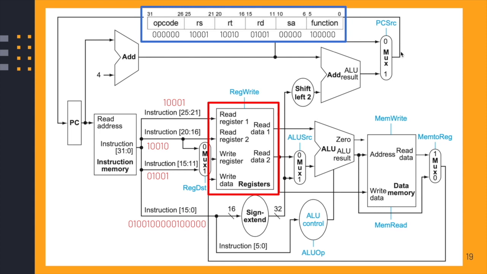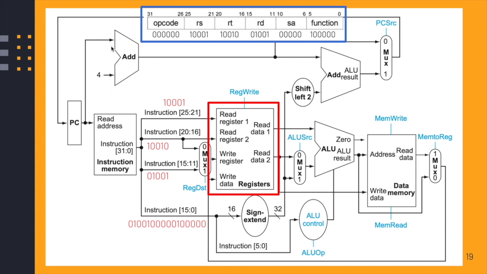Till now, we finished the execution of the main elements in the data path, but there are sub-elements, for example, the program counter, which is the PC. We stated before that after fetching an instruction in the clock cycle, we need to update the program counter to point to the next instruction, and we update it with what? +4.